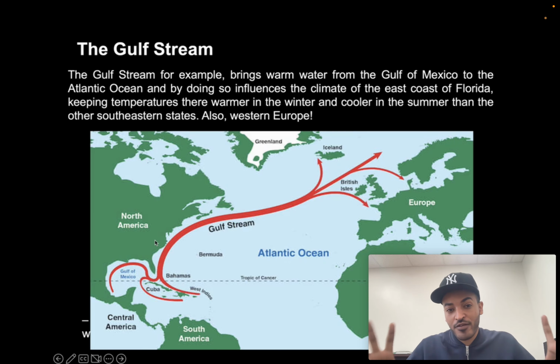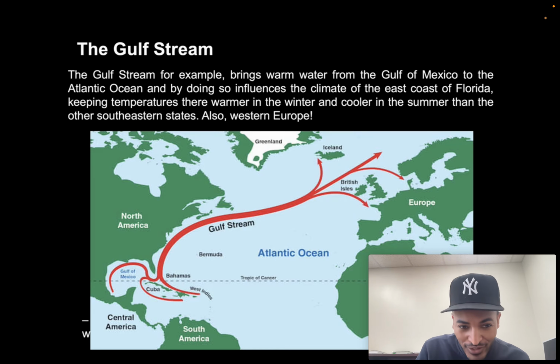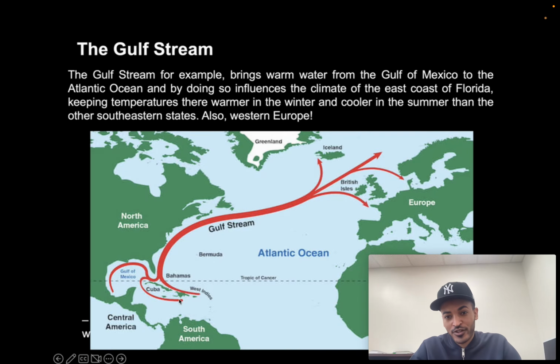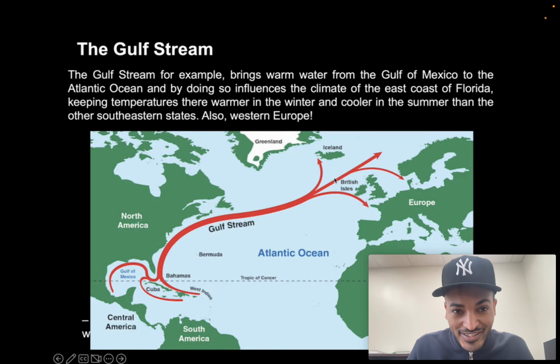So it's a very important piece of the global ocean circulation, where we have the movement of heat, the transport of heat from the warmest parts of the Earth all the way to the northern high latitudes, including Iceland, right?